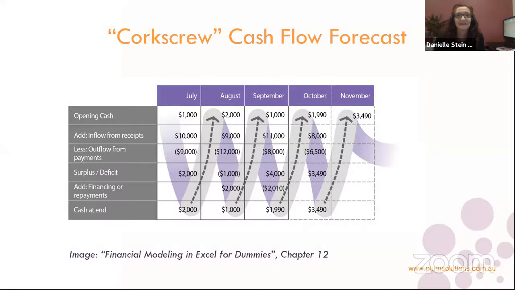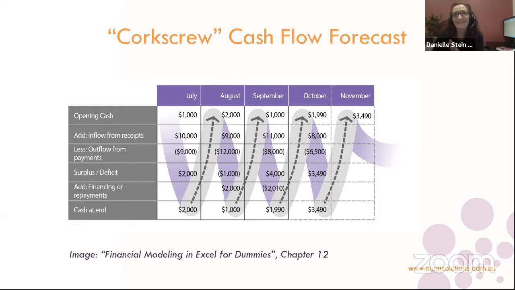And just going back to this example, this is another reason why you should always link. If you're doing a cash flow, for example, a corkscrew cash flow, a good financial model, if you are linking, if you're creating a set of financial statements, which is often the purpose of a financial model, to build a P&L or an income statement, cash flow, and a balance sheet, to have all of those linking together is a beautiful thing.